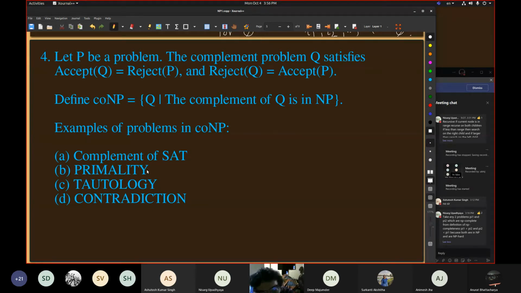Because compositeness is in NP, so its complement, primality, will be in co-NP.